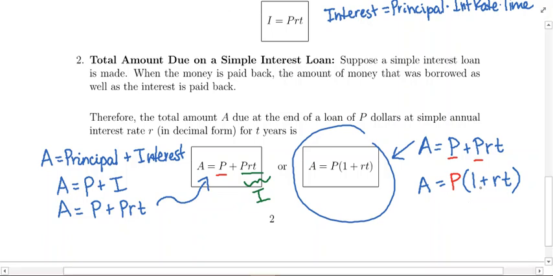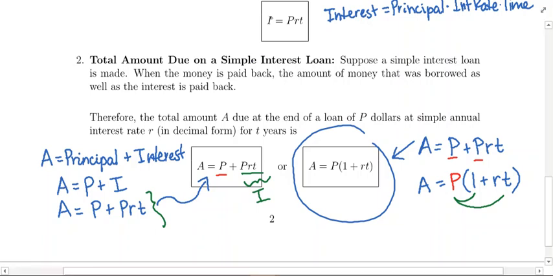If you distributed this back out, you would get P times 1, which would give you the P, plus P times RT, which is this piece. So that's where this particular version of the formula is coming from, by just factoring out P from over here. All right, so these are your two simple interest formulas.